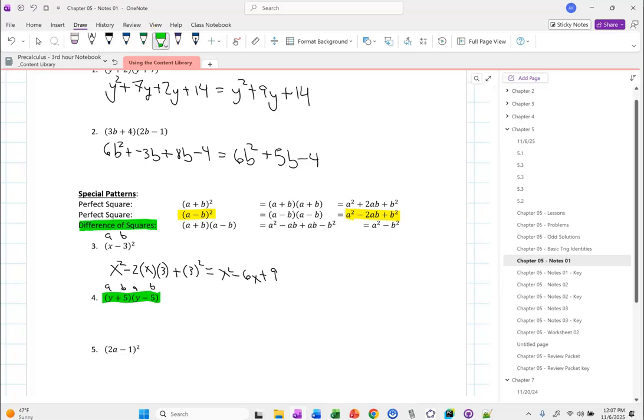So the formula says that this should be A squared minus B squared, right? So I should write y squared minus 5 squared? Or just y squared minus 25. Again, all we're doing is talking about a way to shortcut around foiling and just go straight to an answer. Ideally, these are things that you could do in your head once you feel practiced, right?